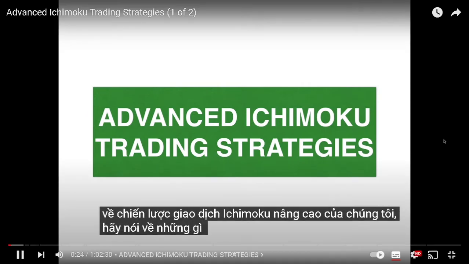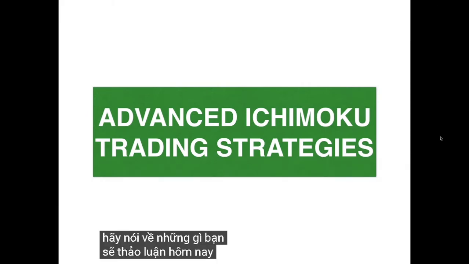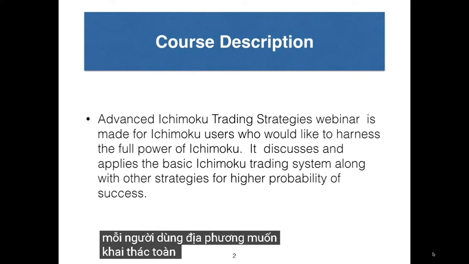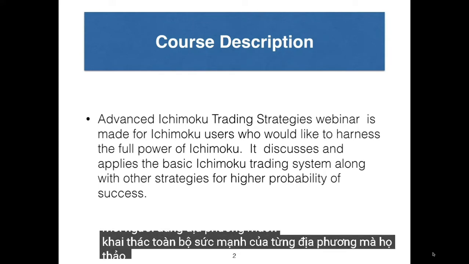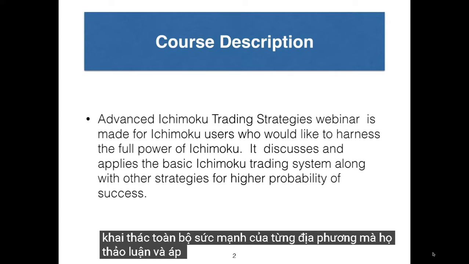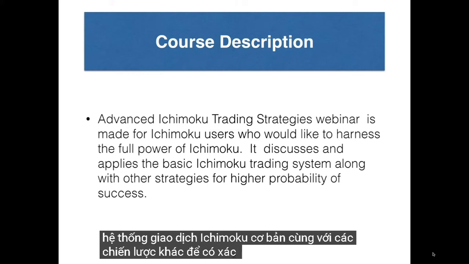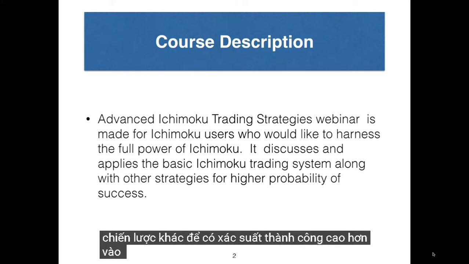Now let's talk about what we will be discussing today. Course description. The Advanced Ichimoku Trading Strategies webinar is made for Ichimoku users who would like to harness the full power of Ichimoku. It discusses and applies the basic Ichimoku trading system along with other strategies for higher probability of success.